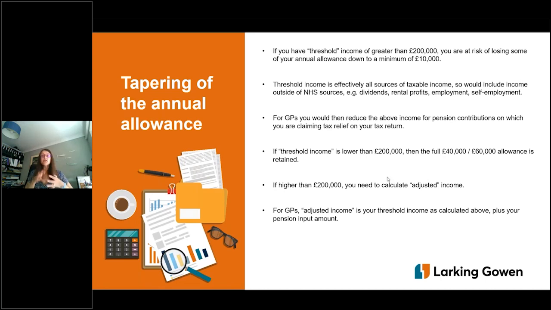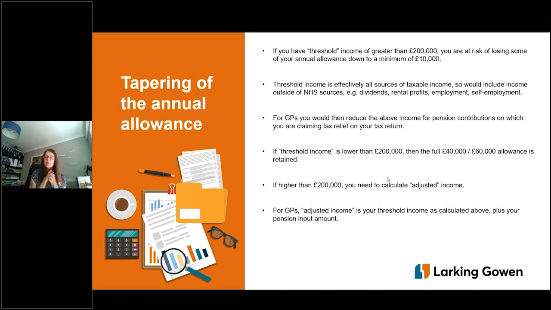So I'm not going to go through how the tapering works because it's fairly complicated, because you've got to add on the pension figure you worked out above in the previous examples to your taxable income, and then you've got to taper.